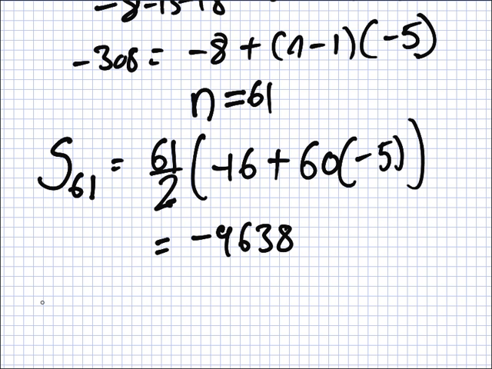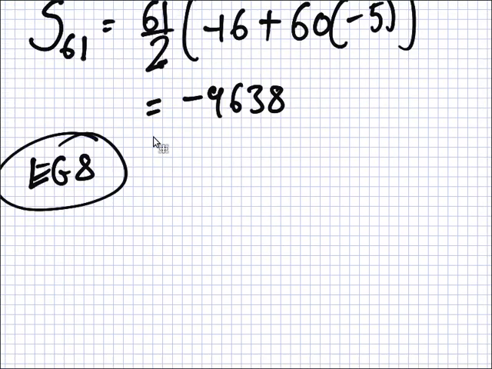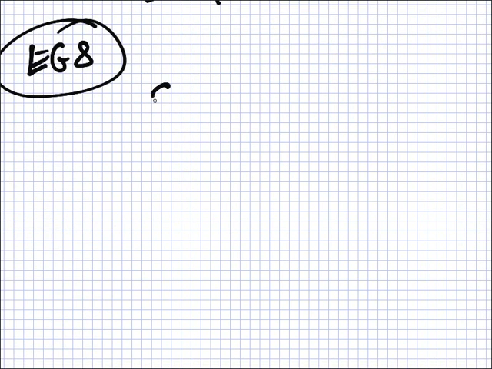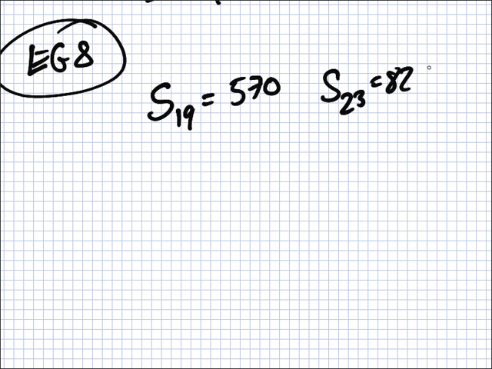Right, next example. Example 8. I tell you the sum of the first 19 terms is 570, and the sum of the first 23 terms is 828.